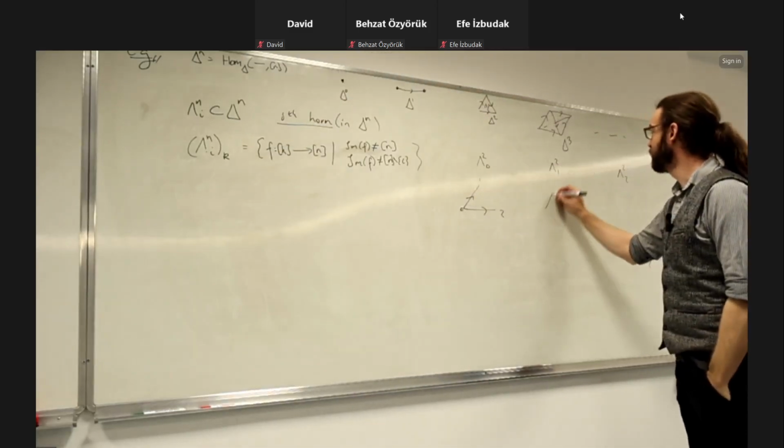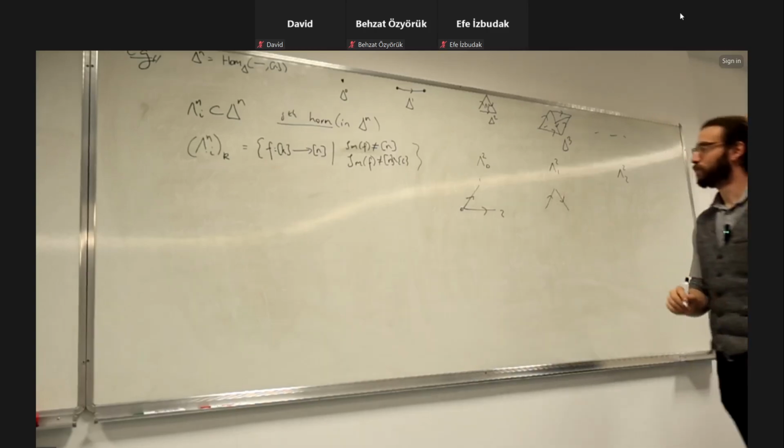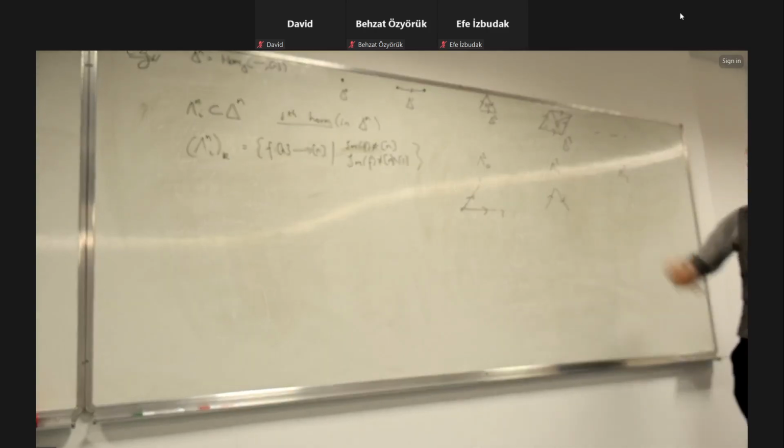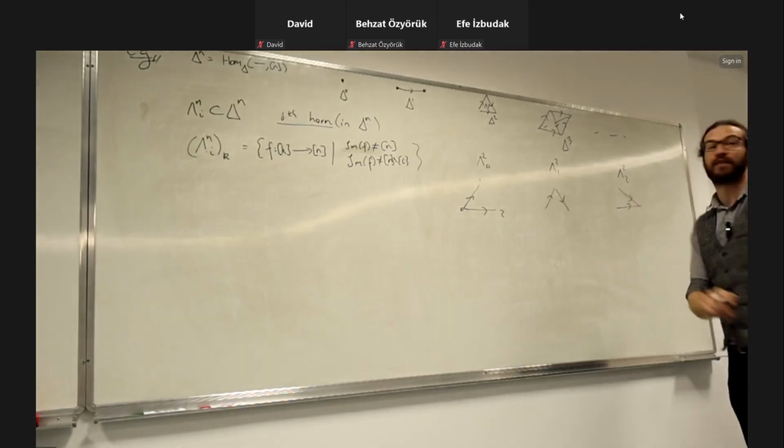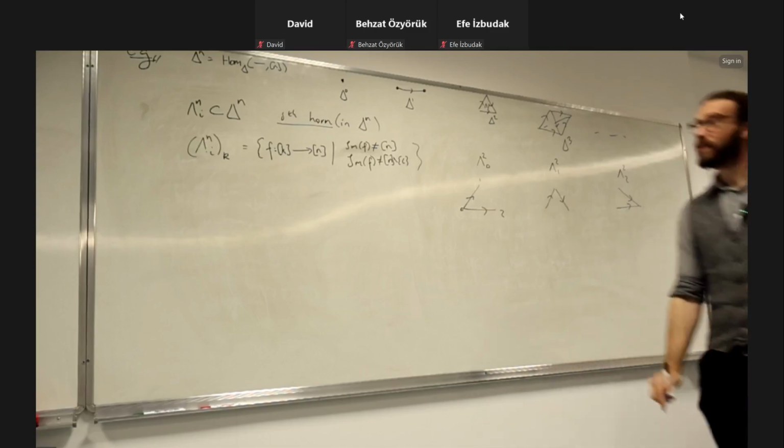Lambda^2_1, similarly, we can't have the edge that is given by skipping 1, and Lambda^2_2, likewise.